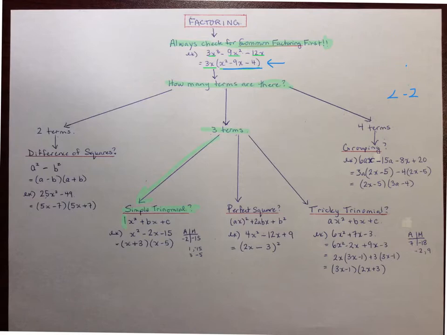Okay, now moving on with that, once you've done any kind of possible common factoring, then when you're asking how many terms there are, it kind of leads us into the 3 different examples that we looked at. We looked at cases with only 2 terms left, and if there's 2 terms, it's potentially a difference of squares.